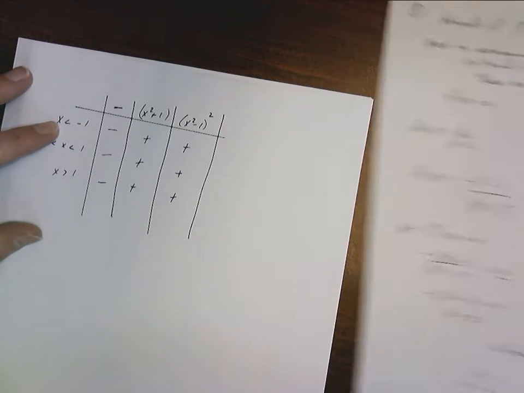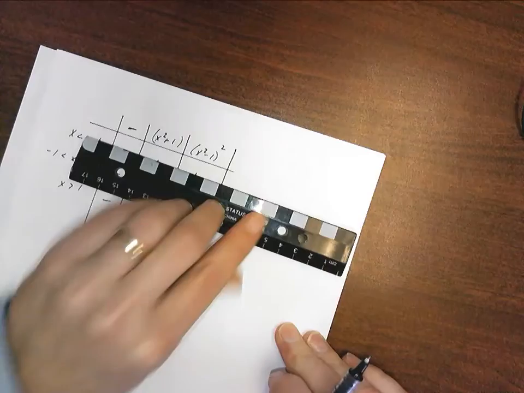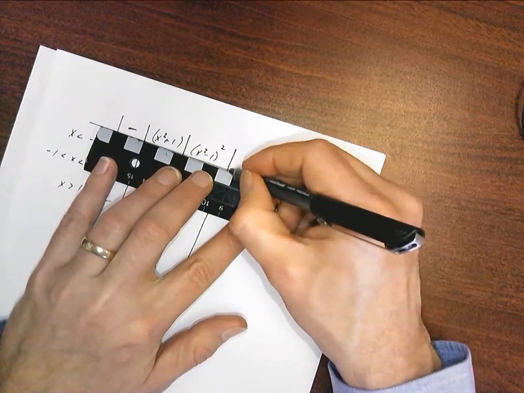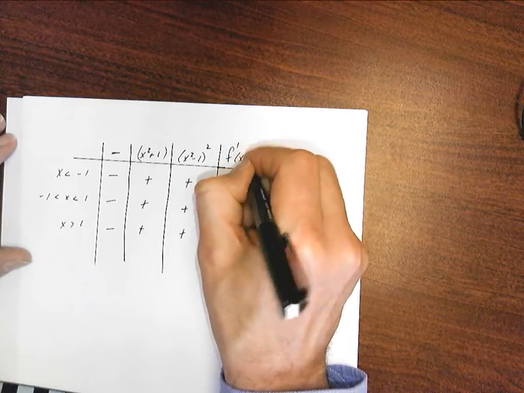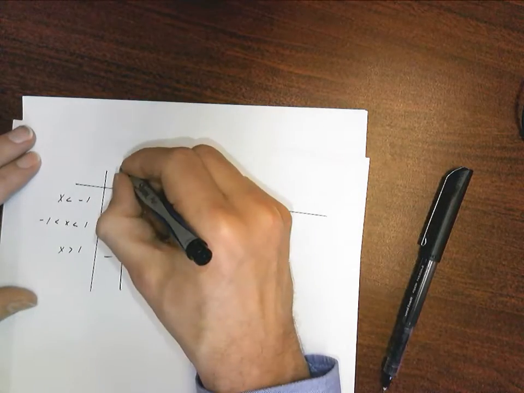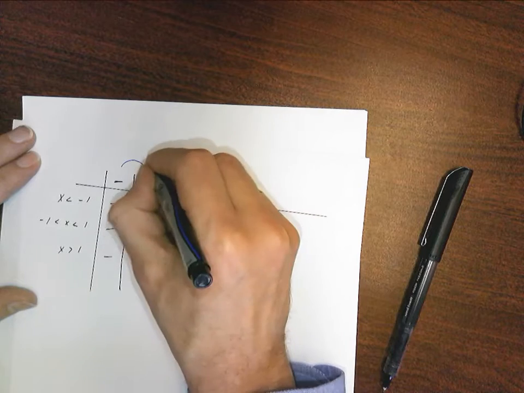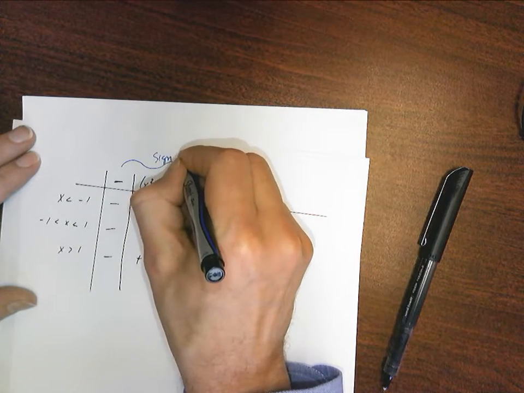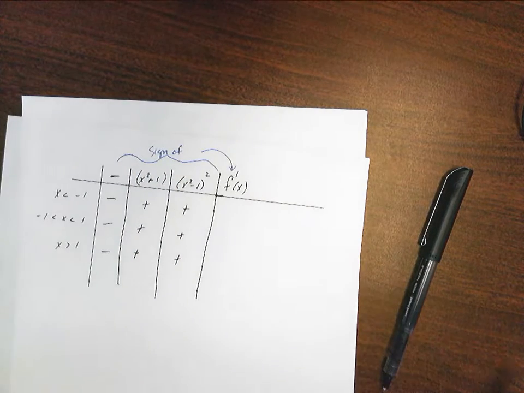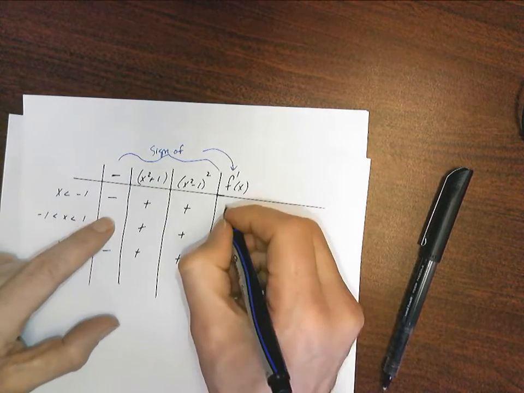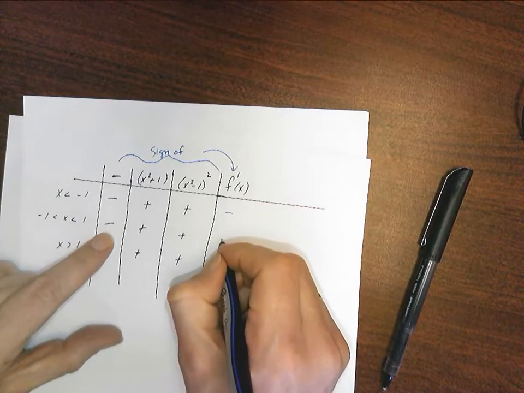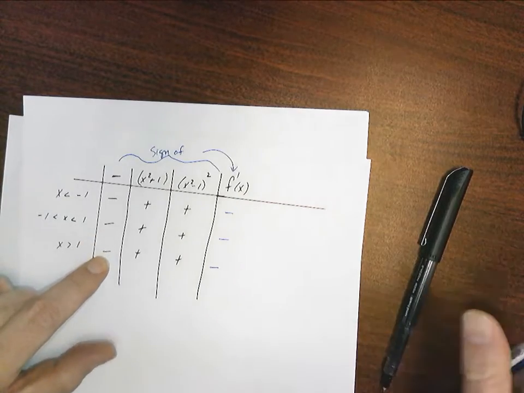Overall, this all gives me something to say about the sign of the first derivative. So all of these talk about the sign of the first derivative. So in this case, we're going to be negative, negative, negative.